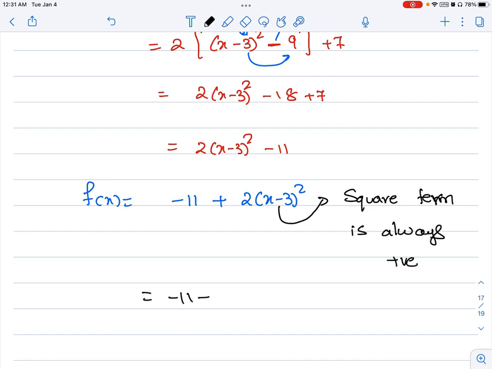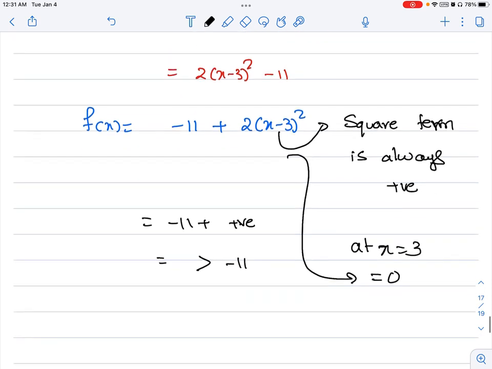So minus 11 plus a positive number will always be greater than negative 11. And at x is equal to 3, this value will be equal to 0. So therefore greater than or equal to negative 11. So what am I going to write? Range of f is greater than or equal to negative 11.